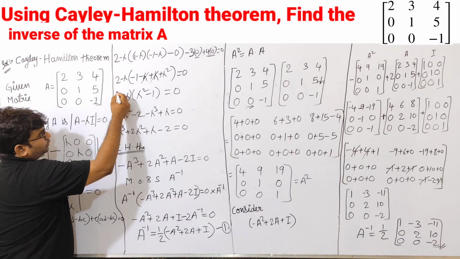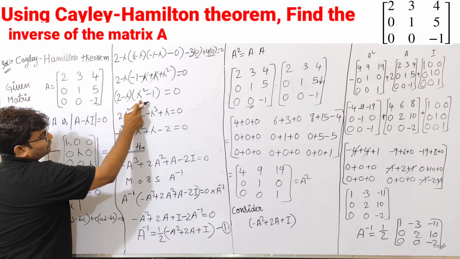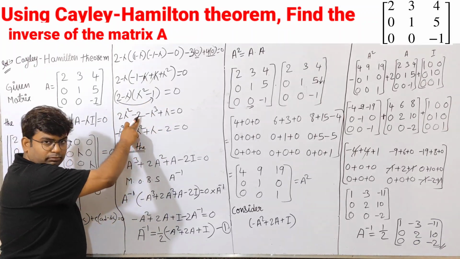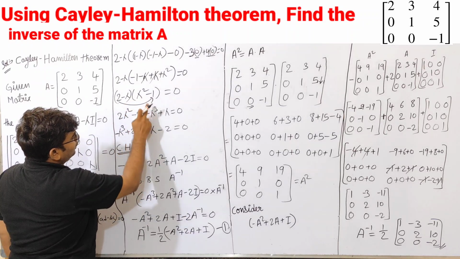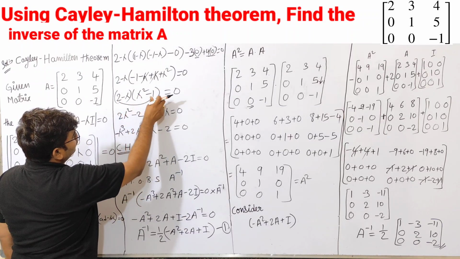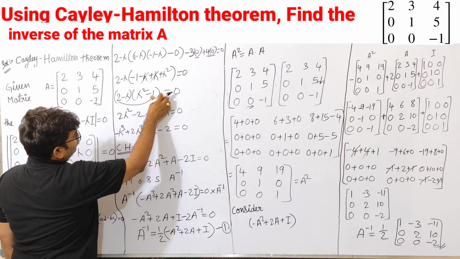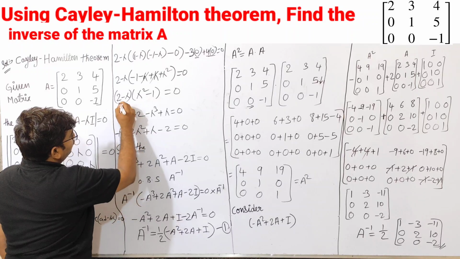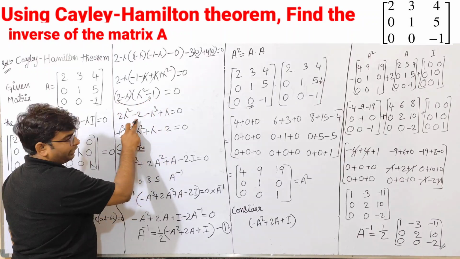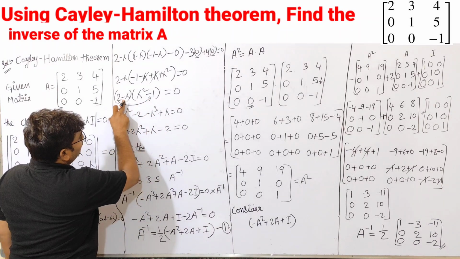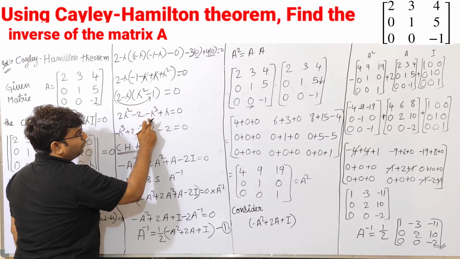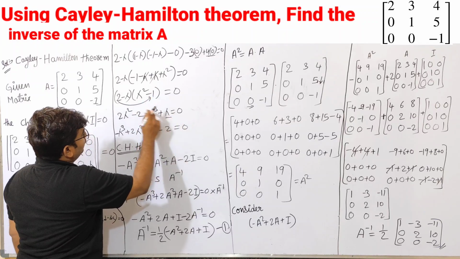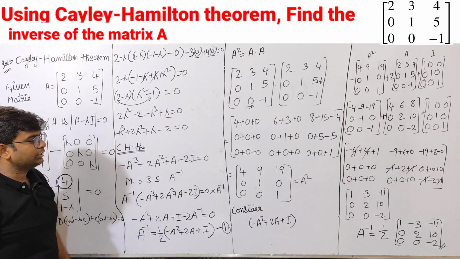Now you should multiply this with this. So 2 into lambda square, 2 lambda square, 2 into minus 1, minus 2, and minus lambda into lambda square, minus lambda cube, and minus lambda into minus 1, plus lambda, equals to 0.